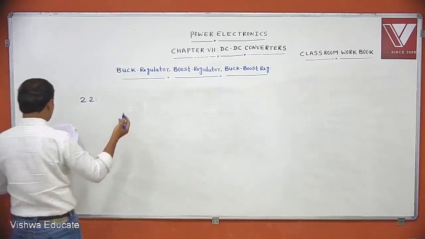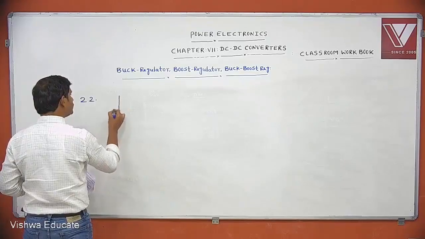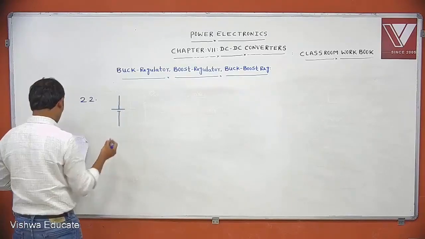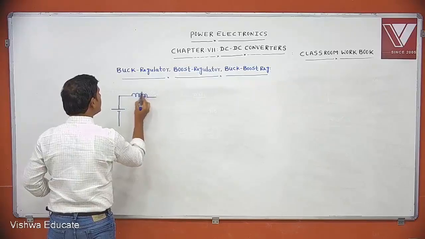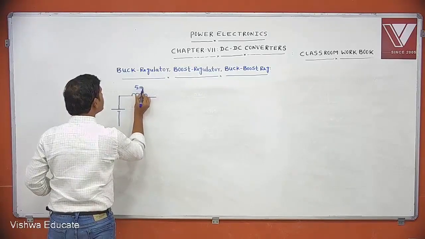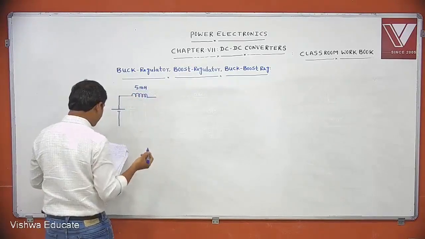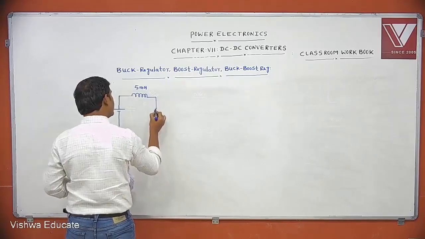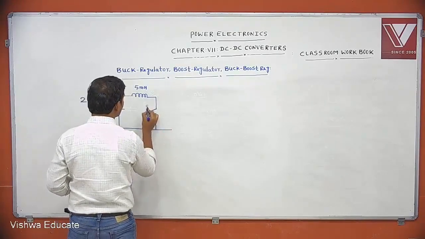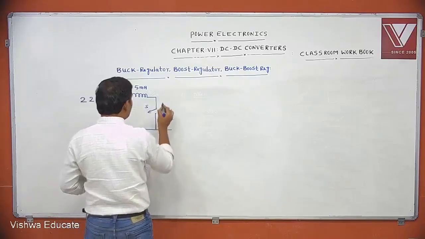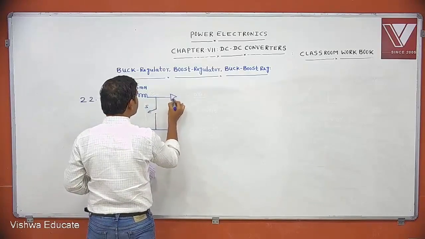Okay, this is the given circuit. The inductance is how much it is given? 5 millihenry. This is the switch, and this is the diode.